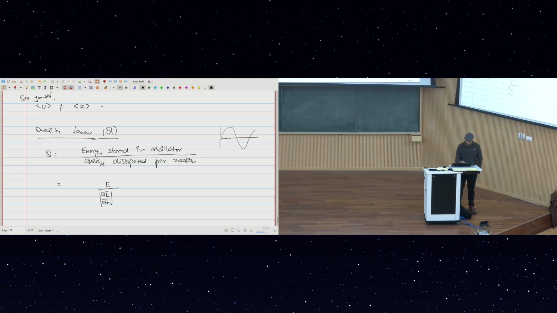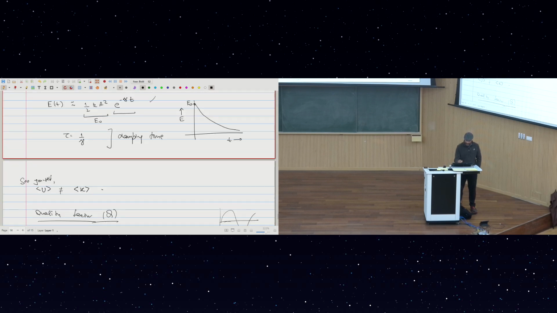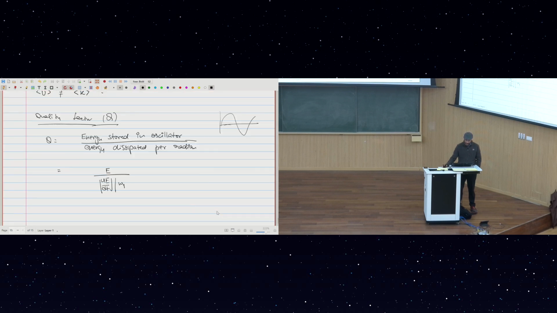dE by dt, well, it's a negative quantity, but we only take the magnitude, is energy per unit time, and we divide that by radians per second. So that gives us energy per unit radians. So this is what we have, and since energy we already know is E naught times e to the minus gamma t, when you substitute that in the numerator and denominator, this will give you approximately omega naught by gamma.